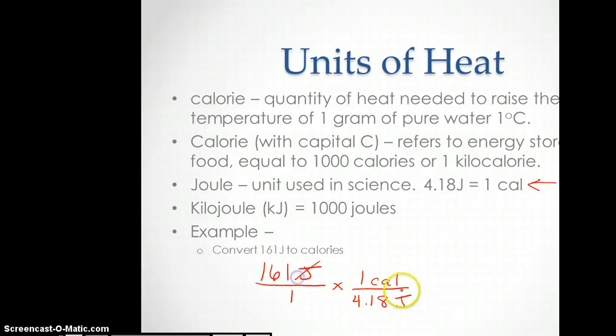So our joules cancel, and when you divide, you get 38.5 calories, using our 3 sig figs that we had to begin with. So you will need to know that conversion factor to get from calories to joules or joules to calories.